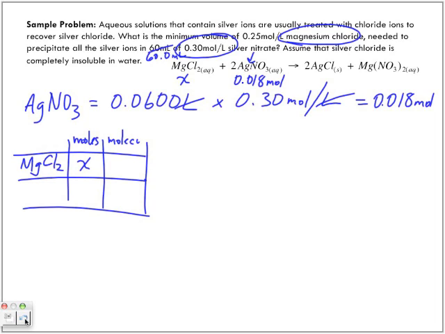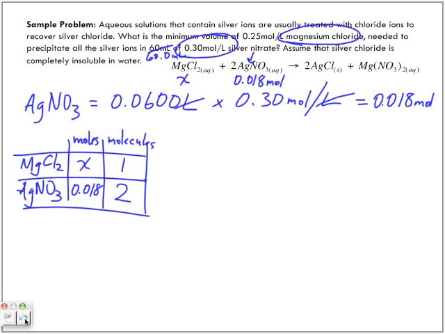We've got silver nitrate, which is 0.018 moles. Now, in terms of the ratio, we have 1 magnesium chloride to 2 silver nitrates. So we can use this to help us find the number of moles of magnesium chloride that will actually be used in this reaction.